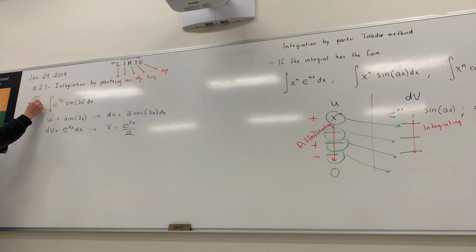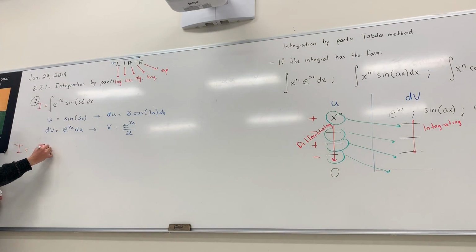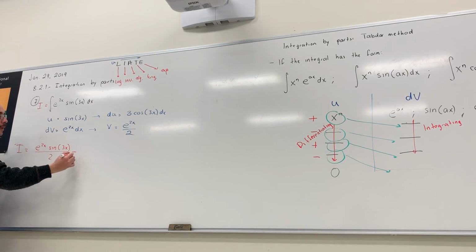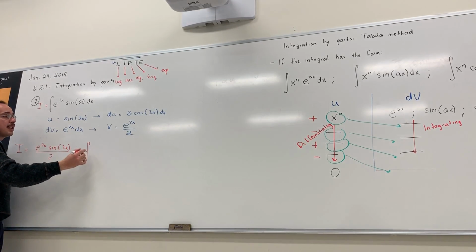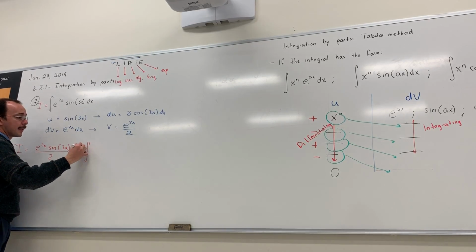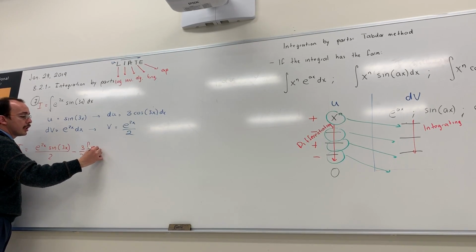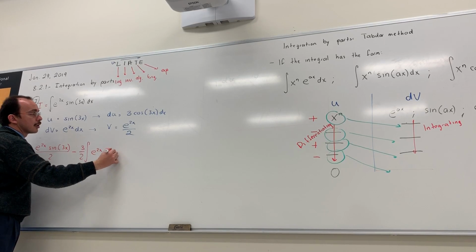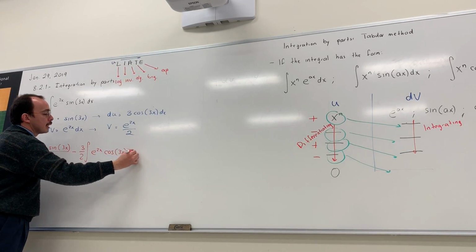I'm going to call this one I. So I is going to be u times v: e to the 2x sine of 3x over 2 minus the integral of v du, which is 3 halves e to the 2x cosine of 3x dx.